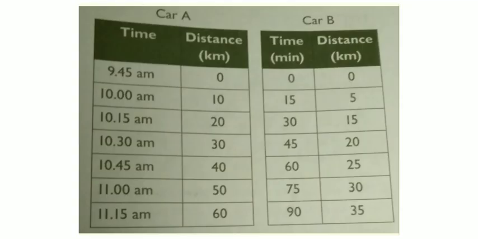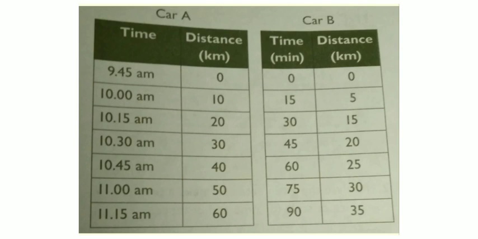Now let us take the distance time graph for uniform and non-uniform motion. Car A travels equal distance in equal intervals of time, whereas car B does not cover equal distance in equal intervals of time. When a body covers equal distance in equal intervals of time, the body is said to describe uniform motion.